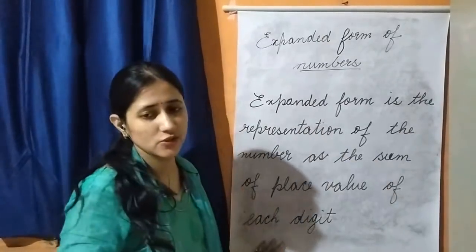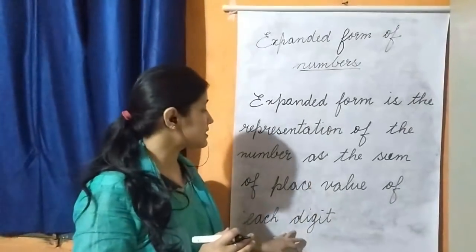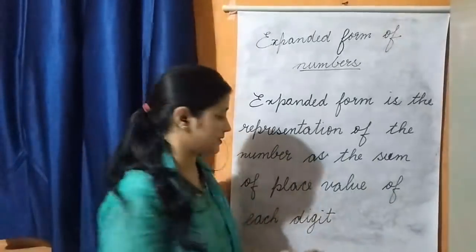Please write this definition, students. Expanded form is the representation of the number as the sum of place value of each digit.